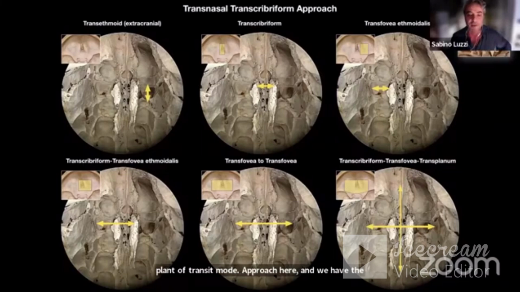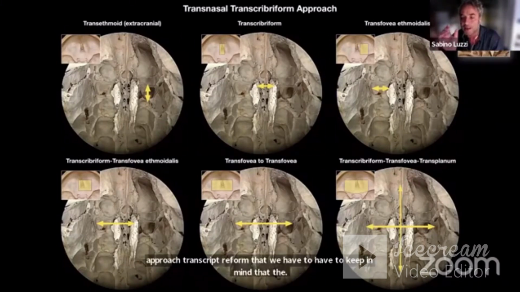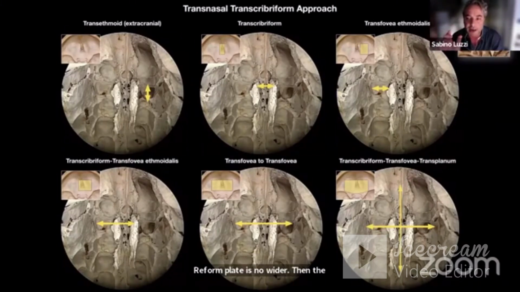We have to keep in mind that the cribriform plate is no wider than both rectus gyri. And when we want to expose and increase our exposure from the midline to the paramedian region, we start to remove and to drill the fovea ethmoidalis here. And we have some variations, as we see in the bottom of this slide.